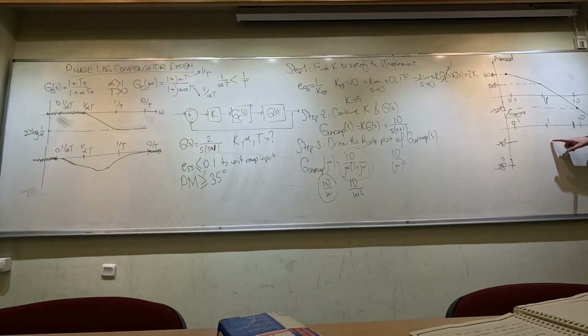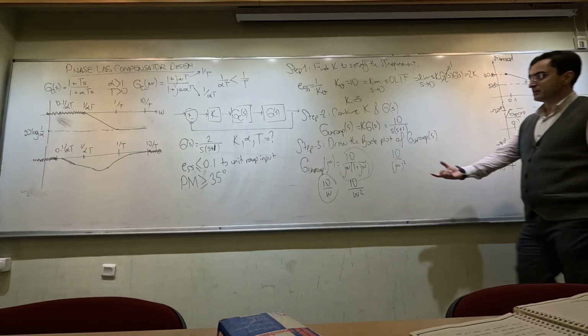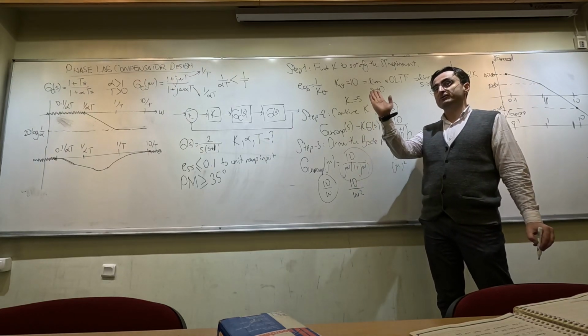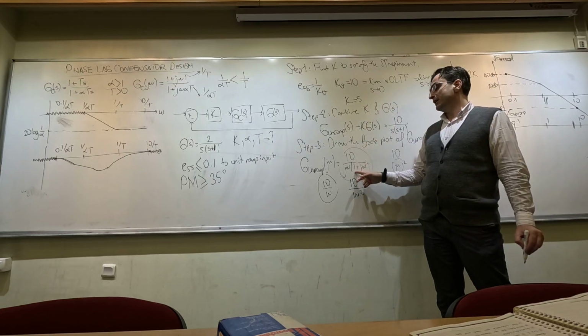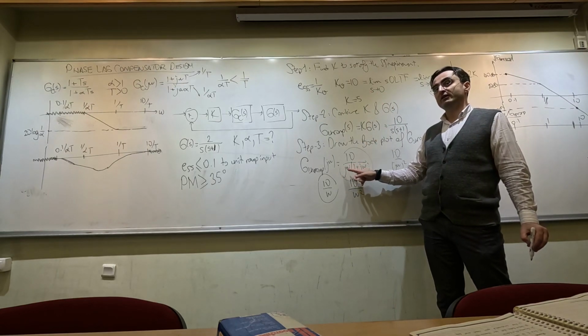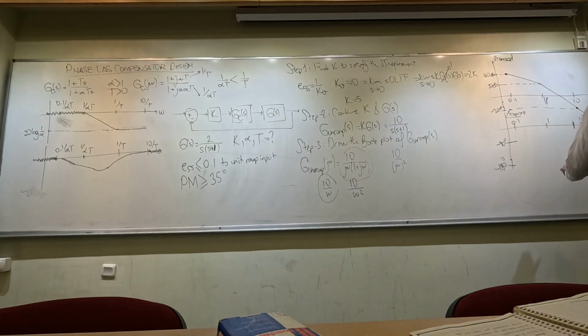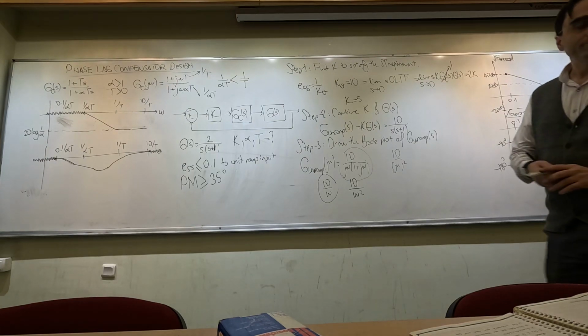And what is going to be the phase at the corner frequency exactly? Minus 135. Because here at the corner frequency, this is going to be 1 plus j, which has 45 degree phase. Okay? Meaning that this is going to bring me minus 90, and this is going to bring me minus 45, meaning that the overall phase is going to be minus 135. Okay? So right in the middle here is going to be my phase. And if I try to connect these parts, I'm going to get a phase waveform, which is looking like this.